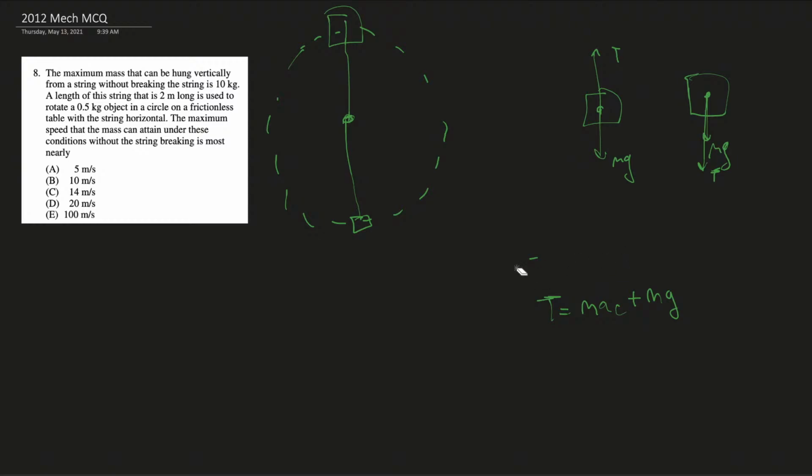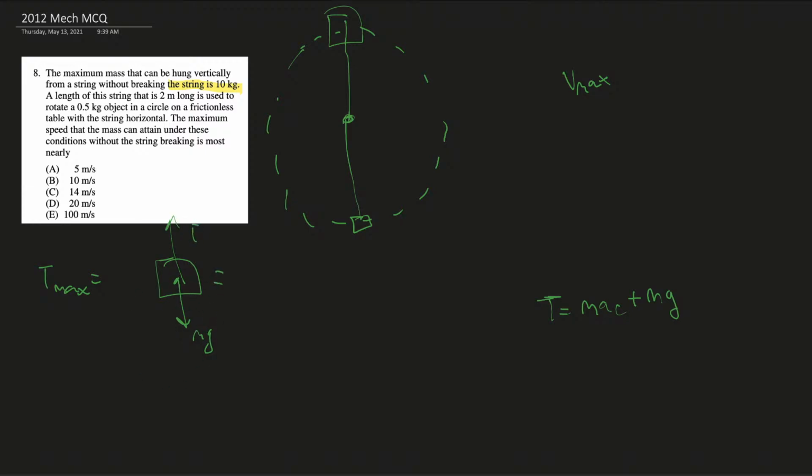So now that we figured this out, it's asking us under what conditions. So we're figuring out v max. That's the end goal. Now that we figured out it's going to happen at the bottom, they tell us initially that the maximum mass it can hang vertically from a string without breaking the string is 10 kilograms, which means T max is equal to, well, if a 10 kilogram block is sitting on it, mg is going to pull down and T is going to be pulling up.